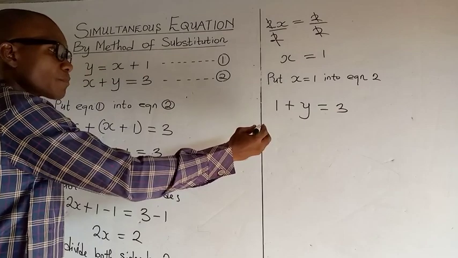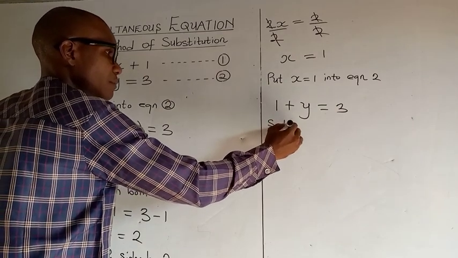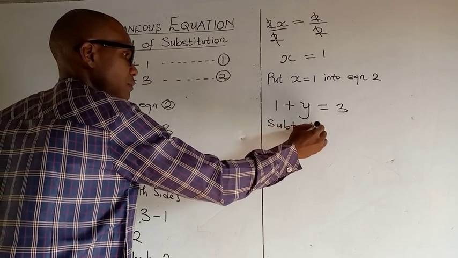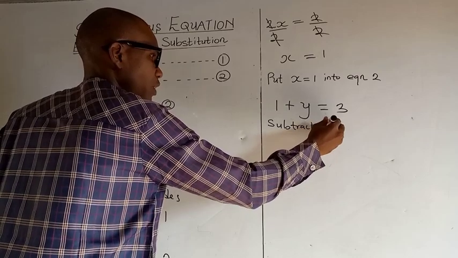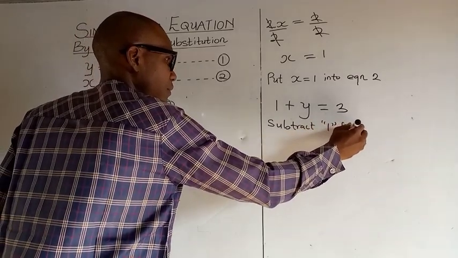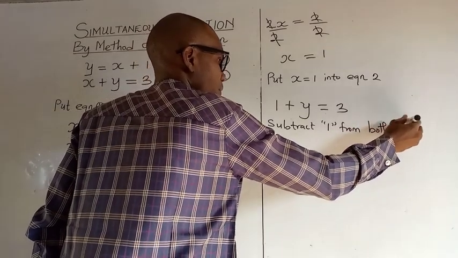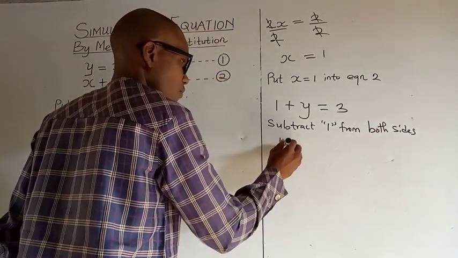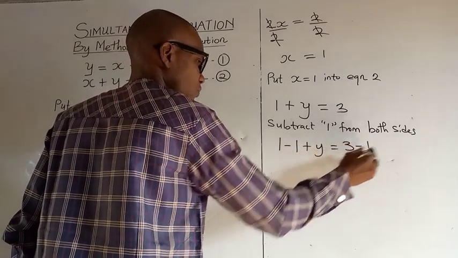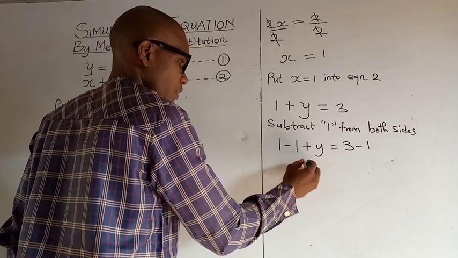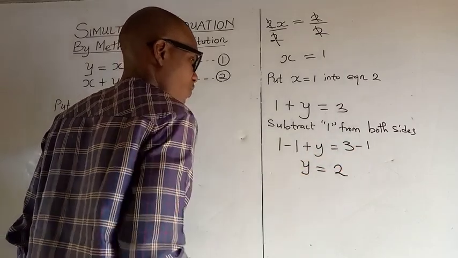We subtract 1 from both sides. So we have 1 minus 1 plus y equal to 3 minus 1. 1 minus 1 is 0, we are left with y. 3 minus 1 is 2. So our y is 2.